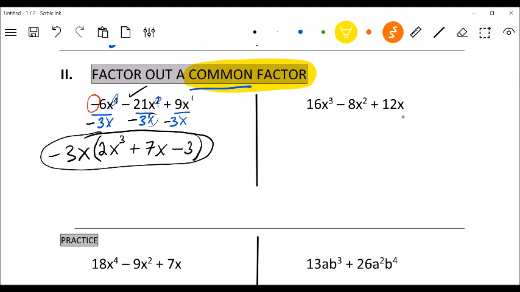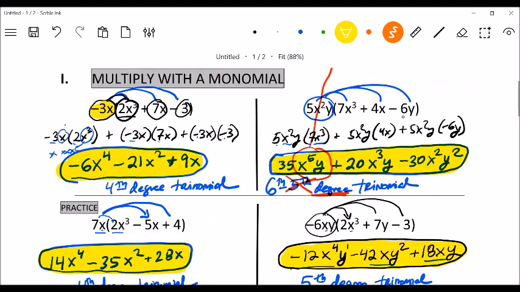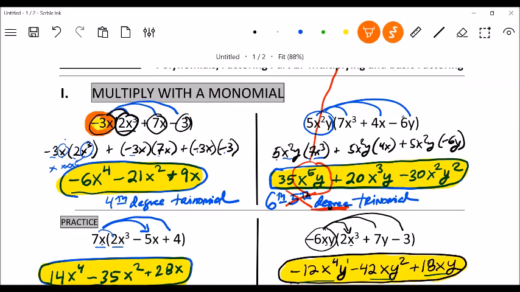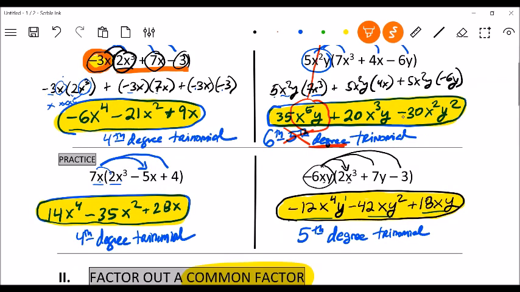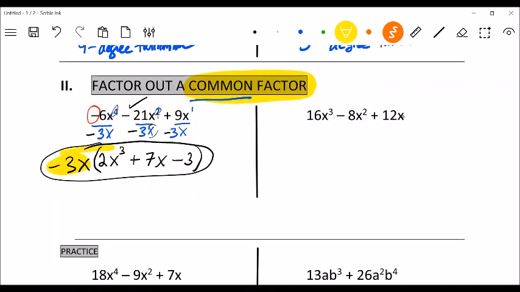Now notice something, negative 3x, right up here, that's what I did here at the beginning, times 2x cubed plus 7x minus 3, and that's what we have here. So this first problem was nothing more than the first problem above, but going backwards now. Okay, let's get this in yellow.